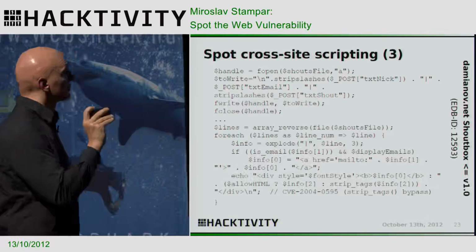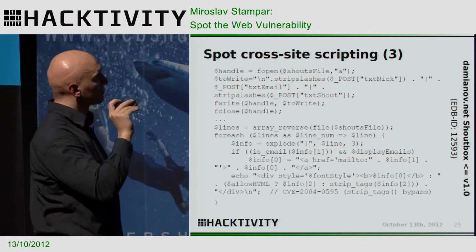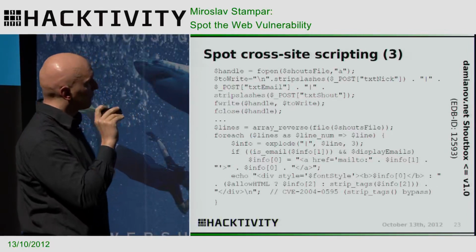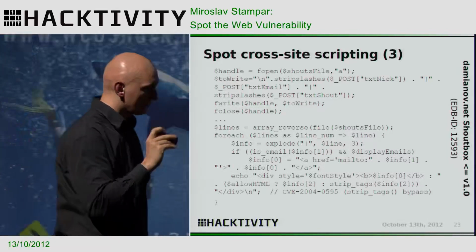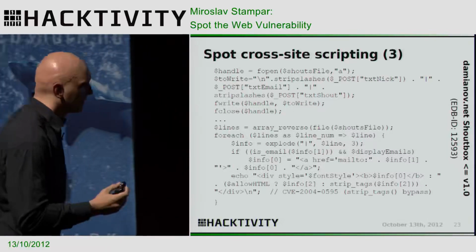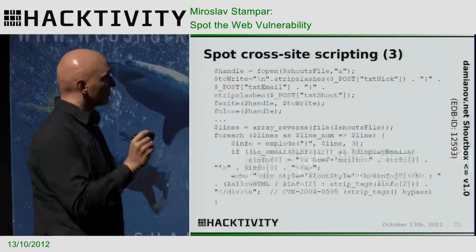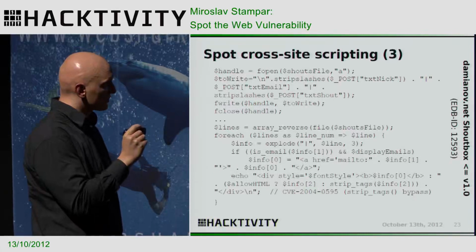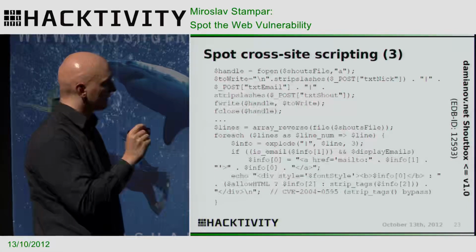And the problem, especially at the time when the shoutbox exploit was found, was that strip tags was vulnerable to one form of attack. So what does strip tags do? It just removes all possible tags from the content to prevent any script injection or stuff like that.